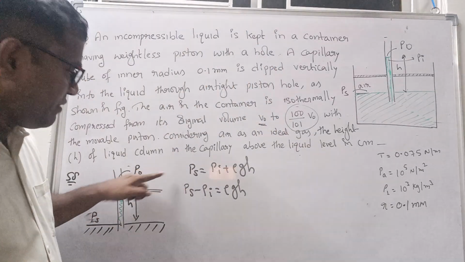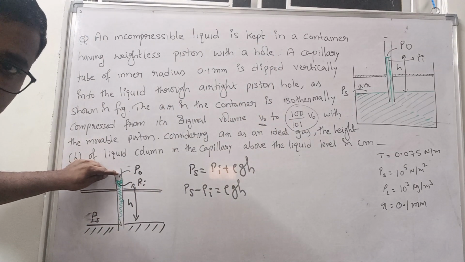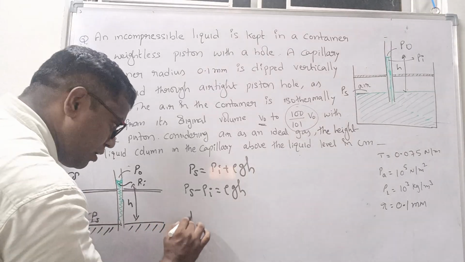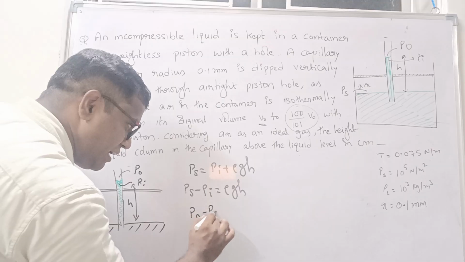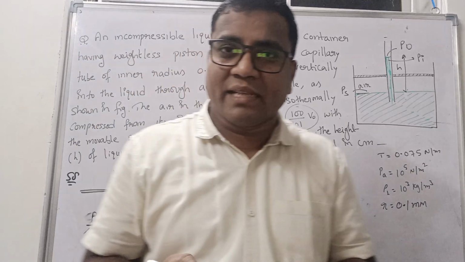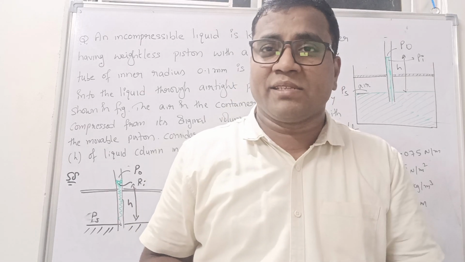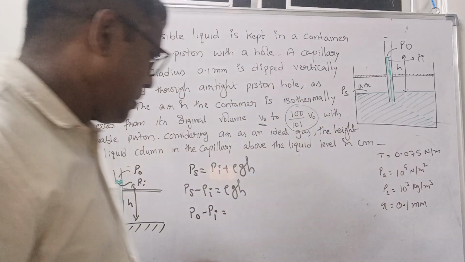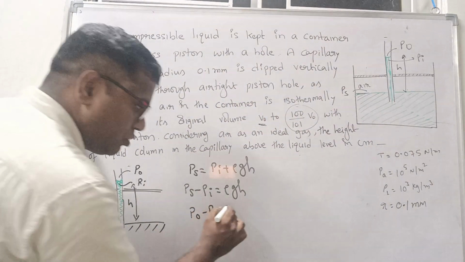So in this situation, outside pressure P naught will be greater than the inside pressure. So P naught minus Pi is nothing but excess pressure, which we already discussed in surface tension. Excess pressure delta P, which is P naught minus Pi, is equal to 2T by R.